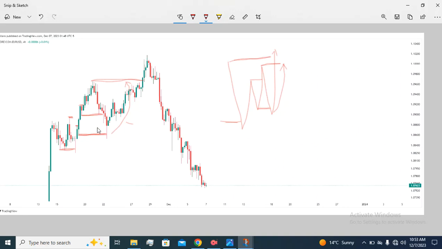Now, setting your order limit here on this guy without dropping down and refining your entry on the lower time frame will be absurd. You'll be putting yourself at a bigger risk, all this from here to here.